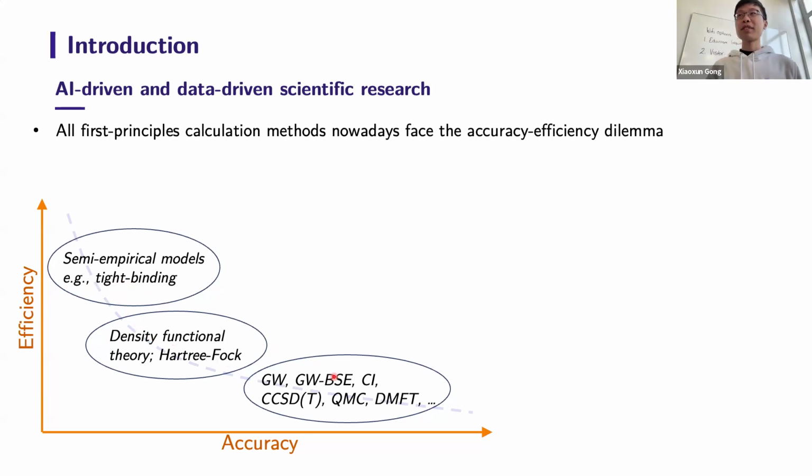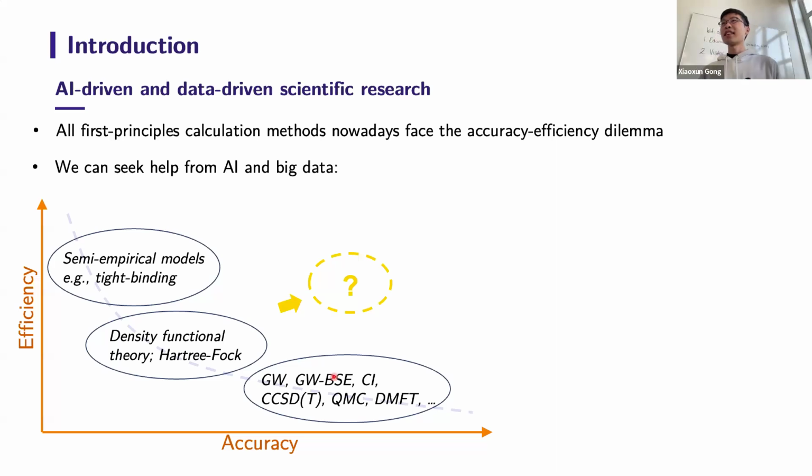On the most accurate but least efficient side, we have GW-BSE methods, multi-reference methods, and quantum Monte Carlo calculations. What I'm going to talk about is how we seek help from artificial intelligence and big data in order to break this accuracy-efficiency dilemma of first principles calculations.